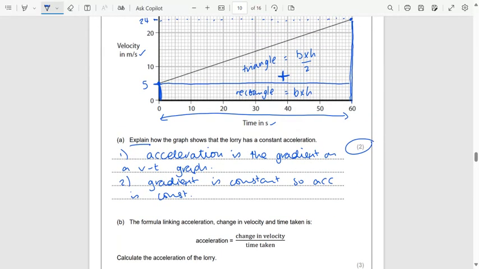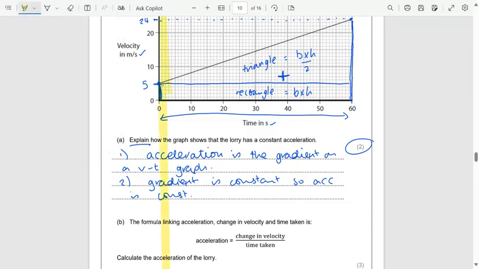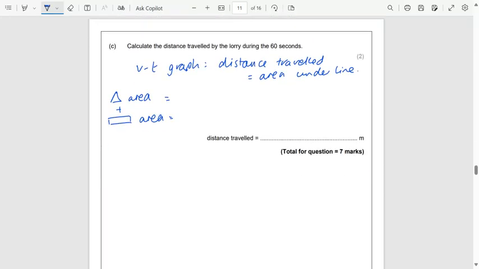So the area of this rectangle here, like that. Okay, now we've got a base of 60. Let me just write out the formula again.